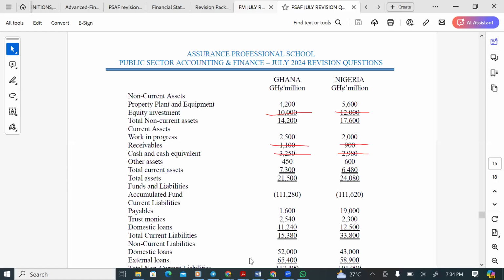Financial assets will always be equity investments, receivables, and cash equivalents. Maybe if you have short-term investment over there, you have to add. Okay. Thank you very much.